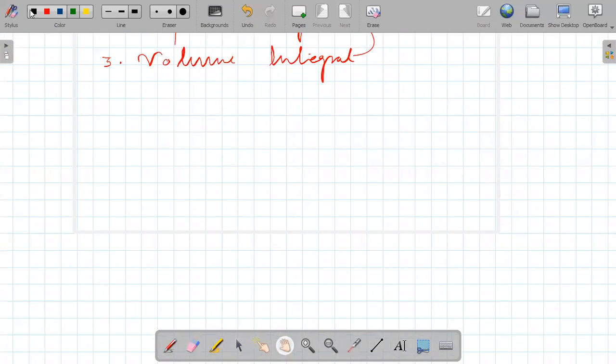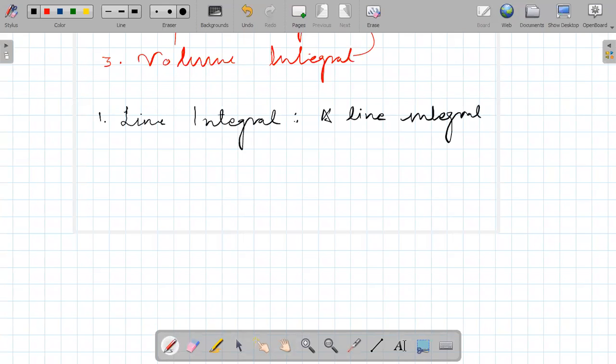Then I will write, dear student, line integral. A line integral is an expression of the form.